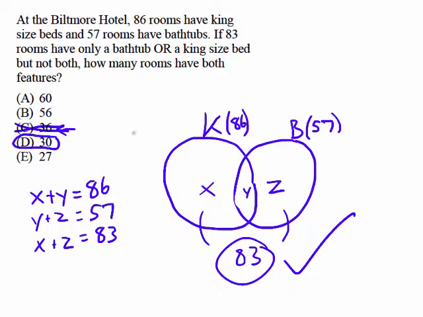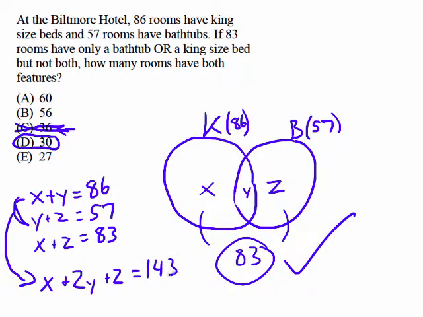To do this, I'm going to add the first two equations. If I add these first two equations, what I'm going to get down here is x plus 2y plus z equals 86 plus 57. That's going to be 143, right?